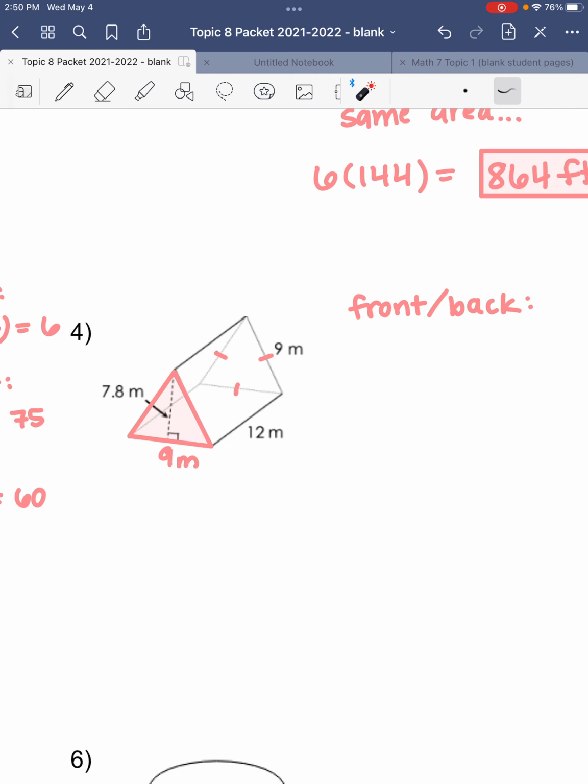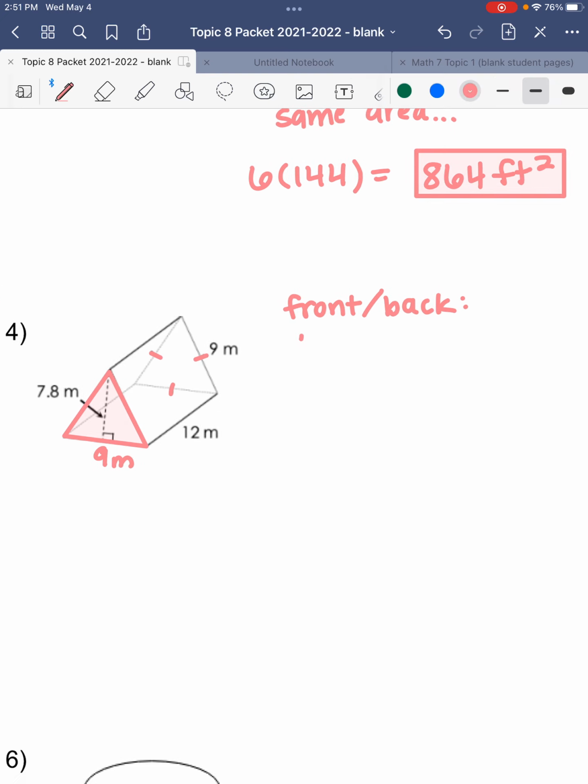Okay, so now that we know that, I'm going to use my triangle formula. So we have 1/2 times base times height. That's going to tell me the area of that triangle face. So we have 1/2 times 9 times 7.8. Well, let's put that into our calculator and see what we get.